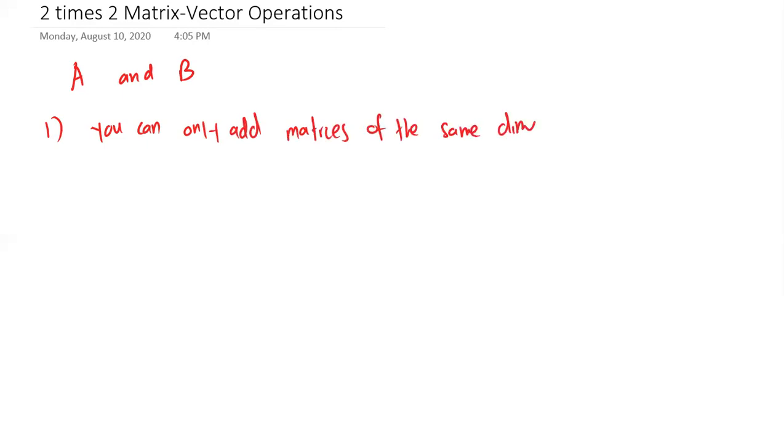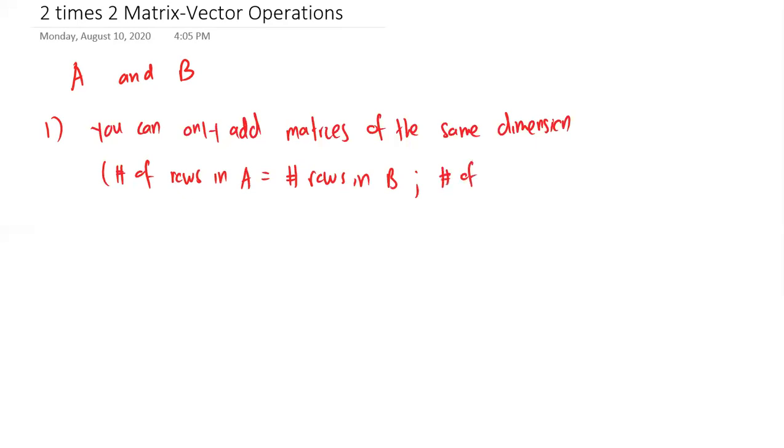Let's say I want to add matrices A and B. First of all, you can only add matrices that have the same dimension, meaning that the number of rows in A has to be equal to the number of rows in B, and the same for columns.